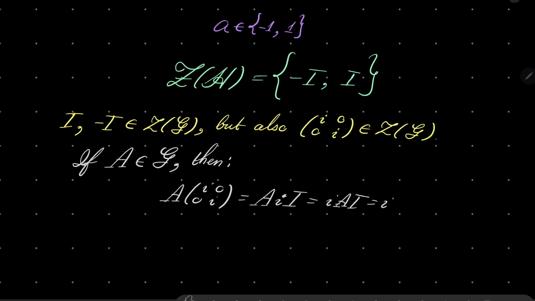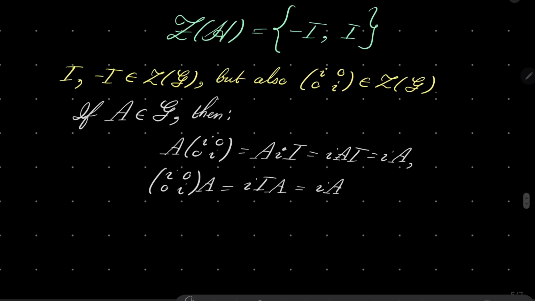So it's A times I, but if I do it in the other way, it's again A times I. It's exactly the same. Which means that for sure the cardinality of the center of G is at least 3 or more.